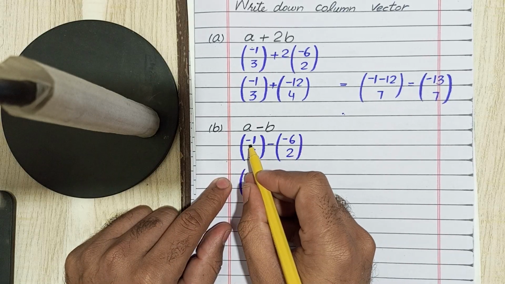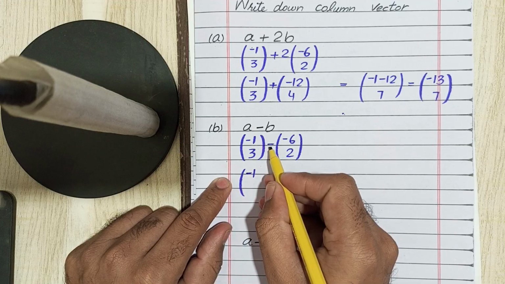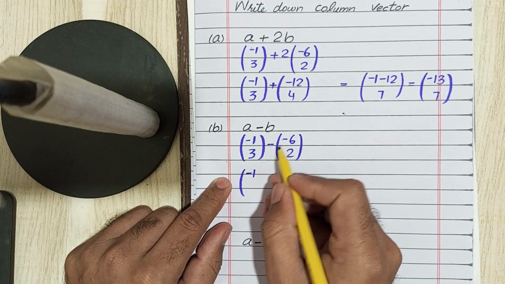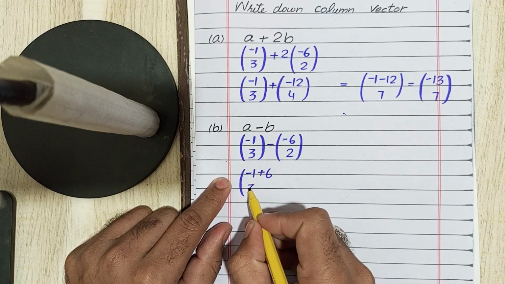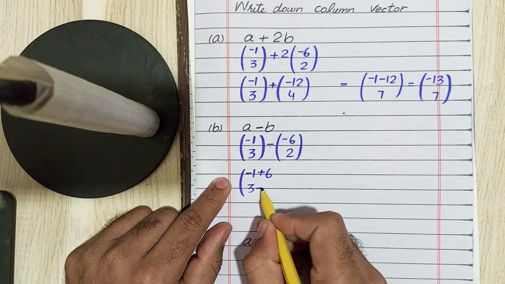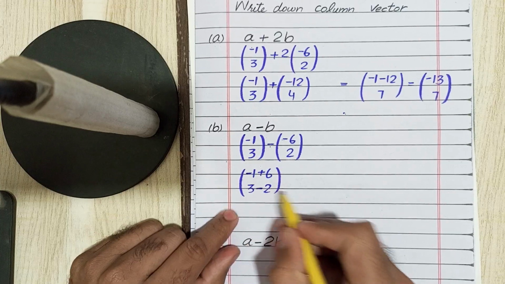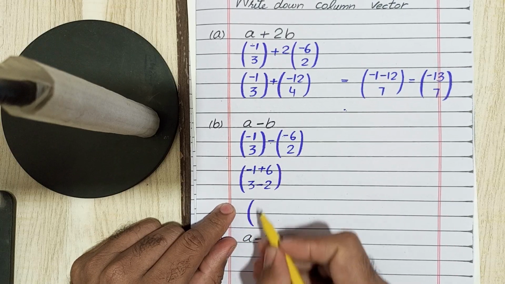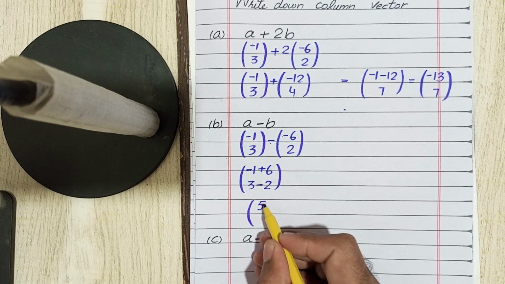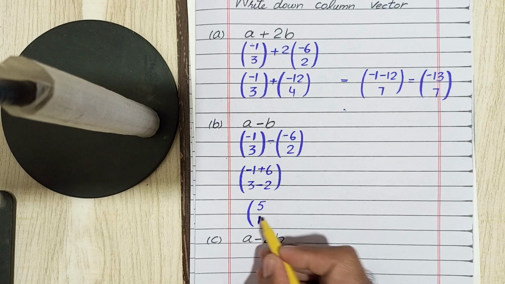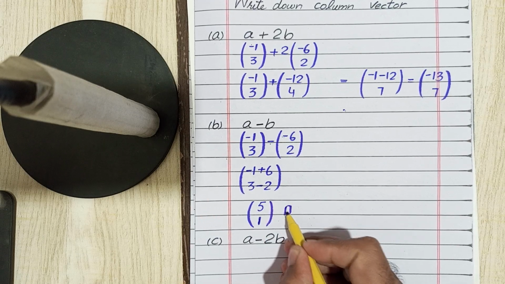So now here we have -1, this minus and this minus, minus minus is plus 6, and here we have 3 minus 2. Now we simplify. So -1 plus 6, we have 5. 3 minus 2, we have 1.